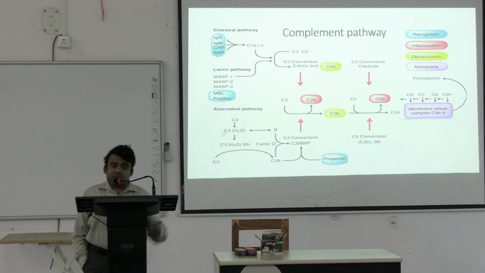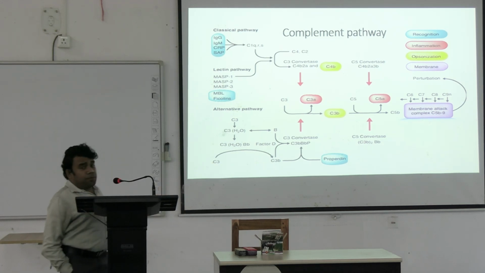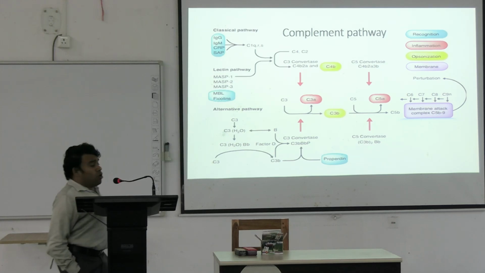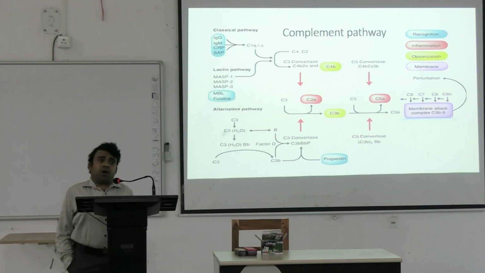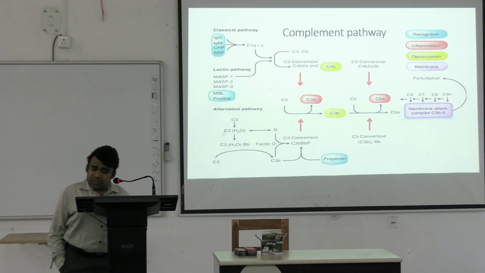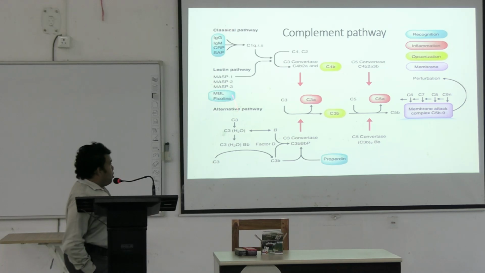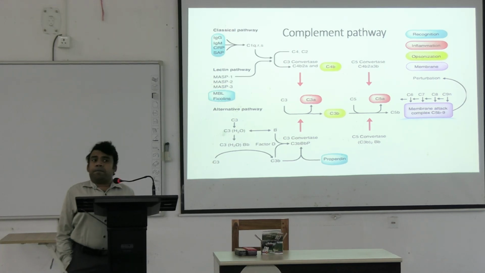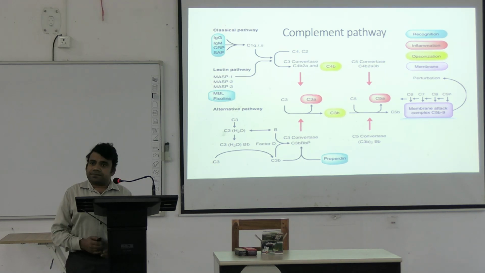There are many pathways, commonly called the classical pathway, the lectin pathway or the alternative pathway. What are these pathways? These are the various ways this complement system could be triggered. The triggering factor could be a pathogen itself or an antibody or some parts of the pathogen which are detected by the pathogen identification factors.